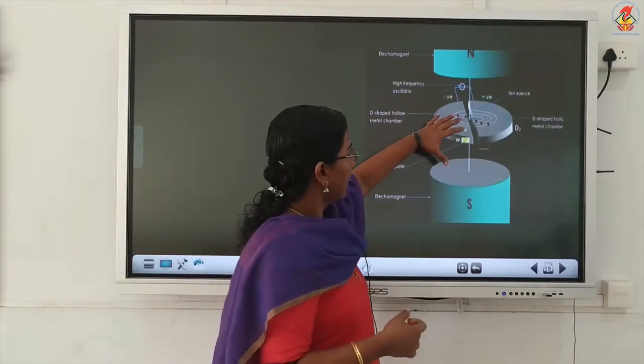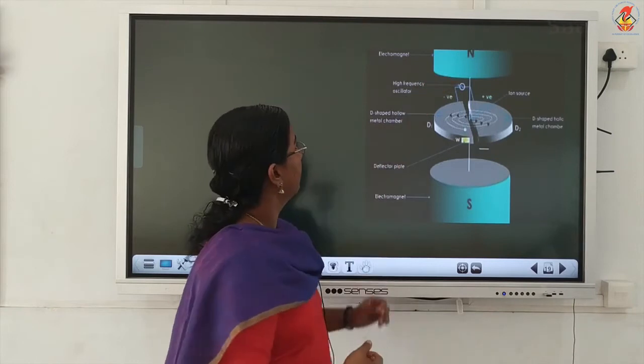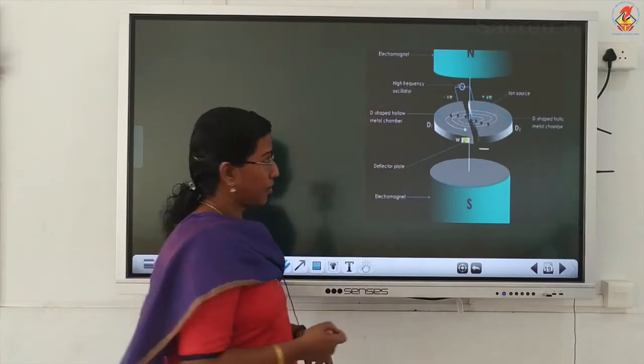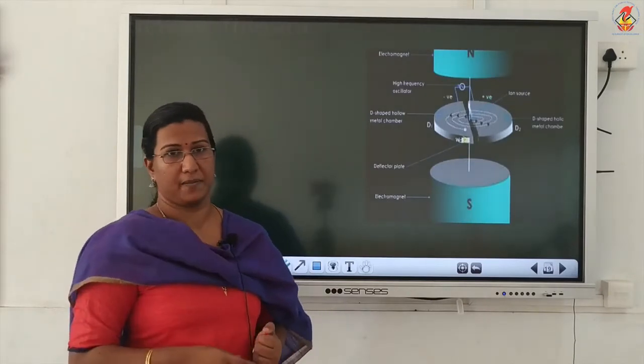Now, these dees are placed in the presence of a powerful magnet with the help of an electromagnet. Now, the electromagnet's field is from north to south. So, the field is perpendicular to the dees, and there is a small deflection plate at the edge of the dee through which our accelerated charged particle comes out and hits the target.